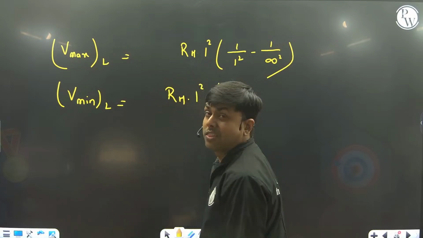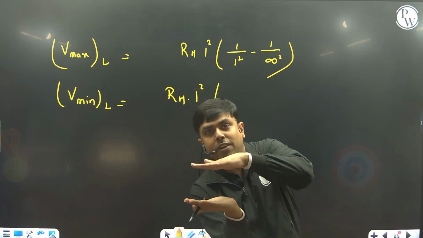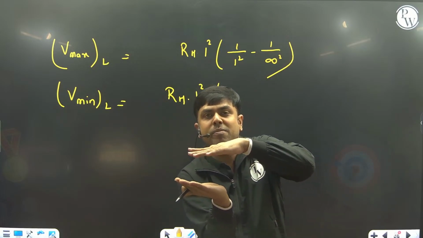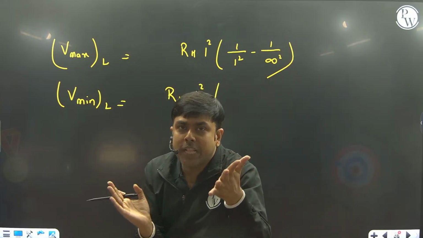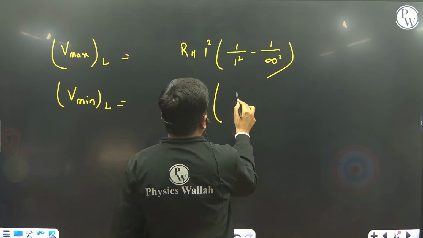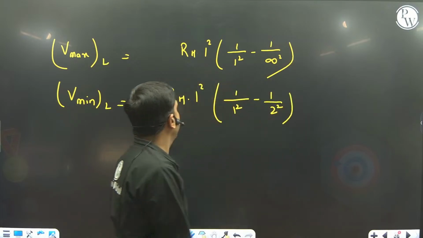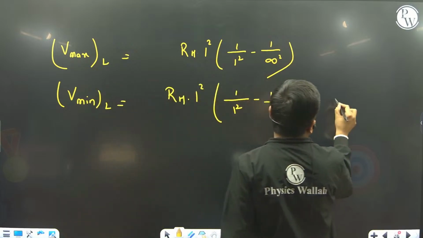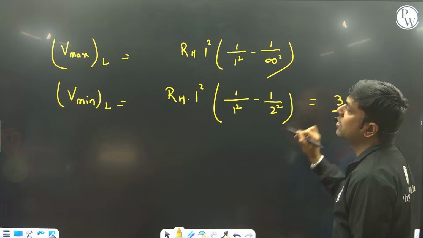Now minimum energy, so N1 has to be fixed, and the first step will be N2, and N2 value will be 2 only. I am moving from 1, our first step will be 2 only, right? So 1 upon 1 square minus 1 upon 2 square, and it is nothing but 3 RH by 4.